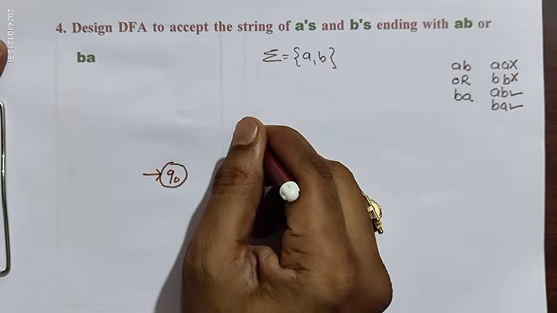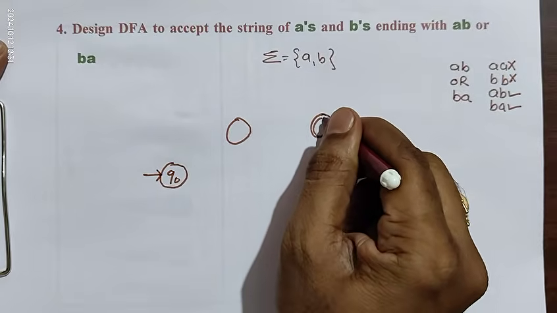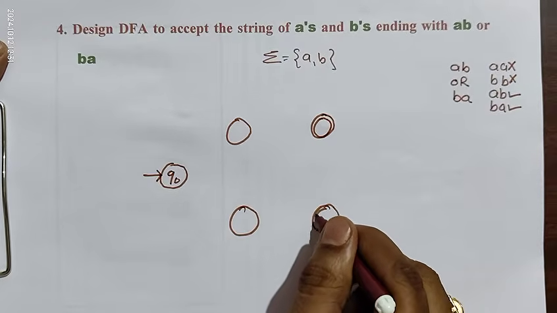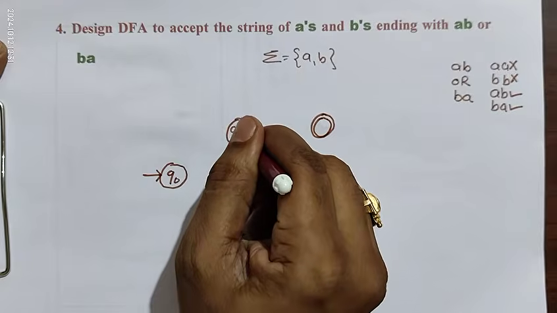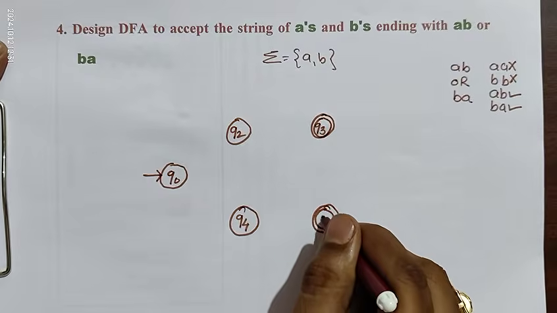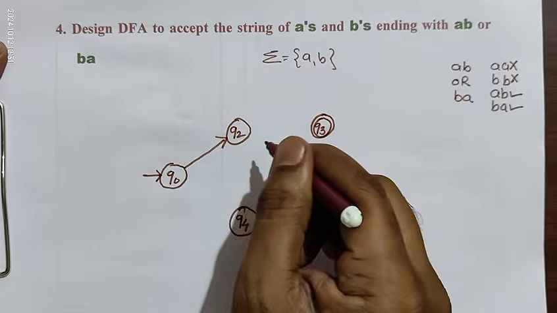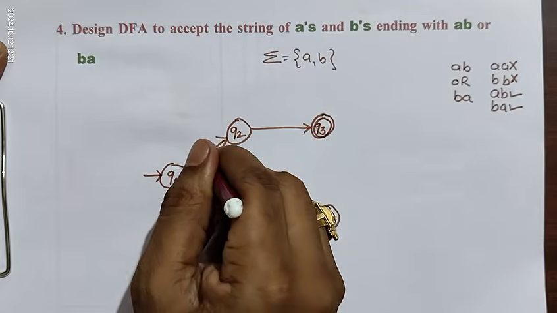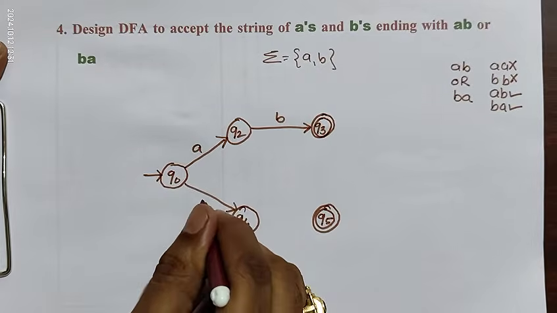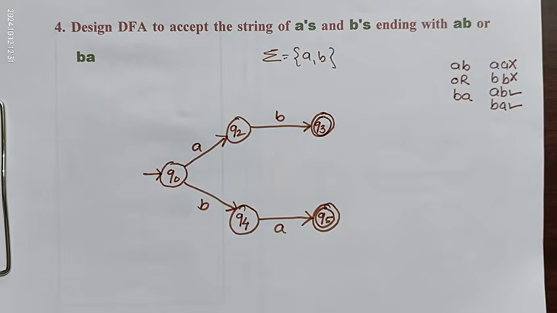Q0 is the initial state, and Q1, Q2, Q3, Q4 and Q5 are the remaining states. The final states must accept the initial string A, B. A, B is accepted, or similarly B, A is accepted.